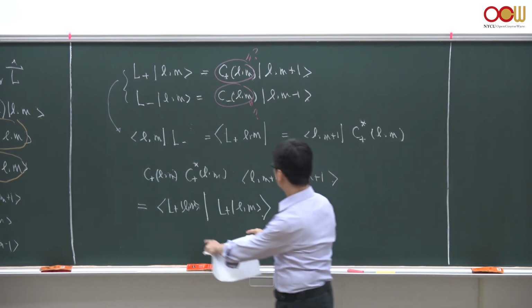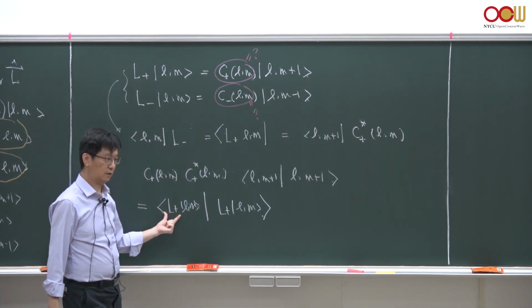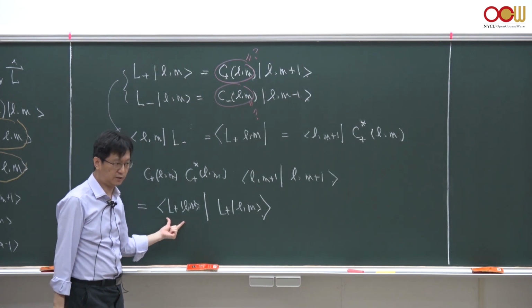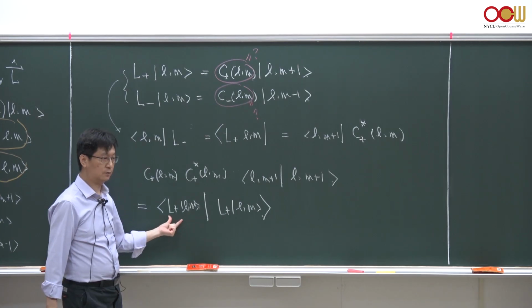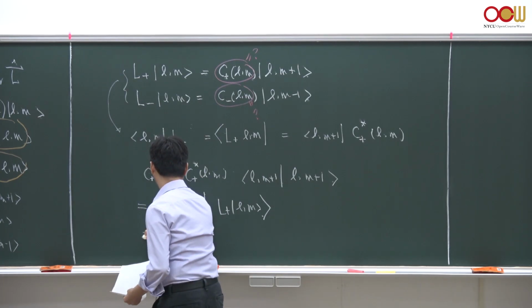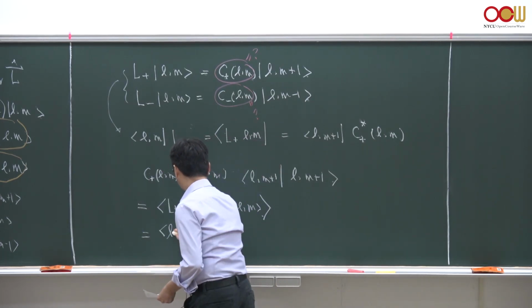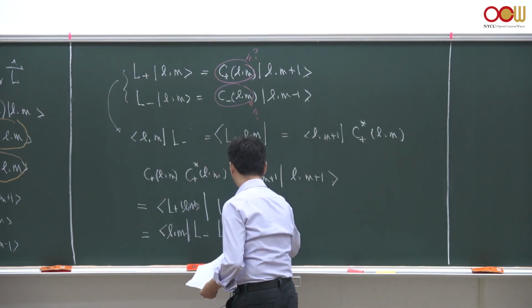If I simply put this bra state on the left and ket state on the right, the bra and ket states are the same thing. Both are L plus acting on |l,m>, but when I put it on the left, remember I need to flip the order between these two. This will be L minus L plus acting on |l,m>.